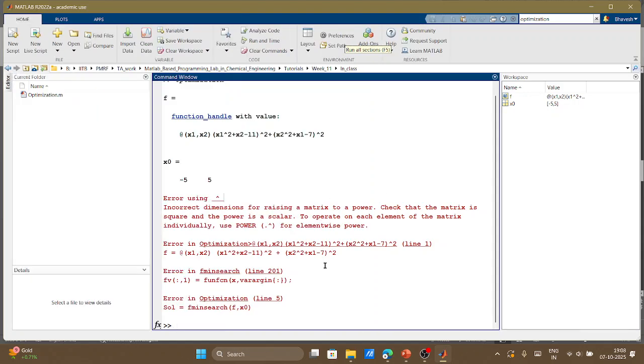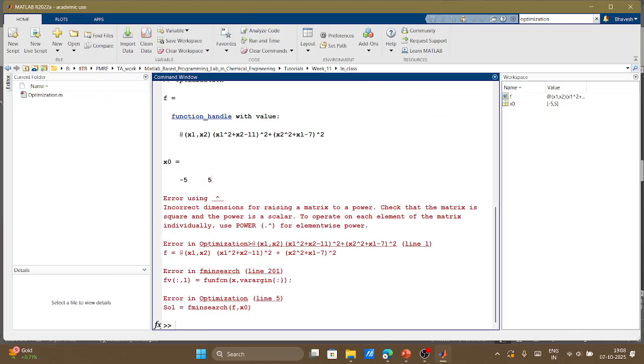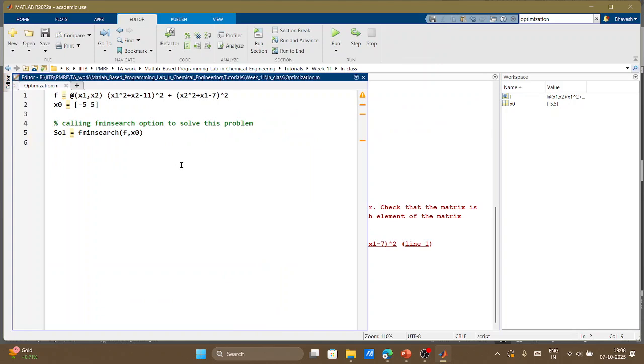We got some error. What is it? Incorrect dimension for raising a matrix to a power. x1 x2. Let me add this dot star here.